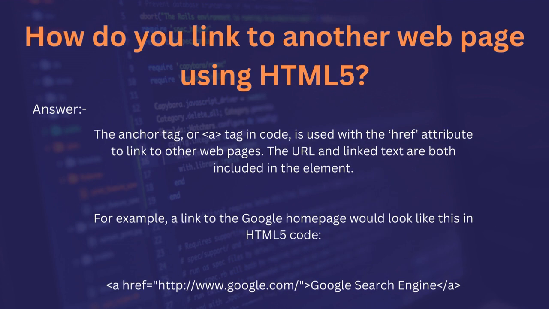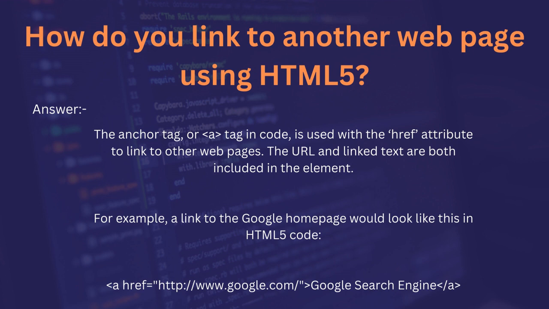The next question is: how do you link to another web page using HTML5? We can use the anchor tag, or a tag, in our code. The a tag is used with the href attribute linked to other web pages.